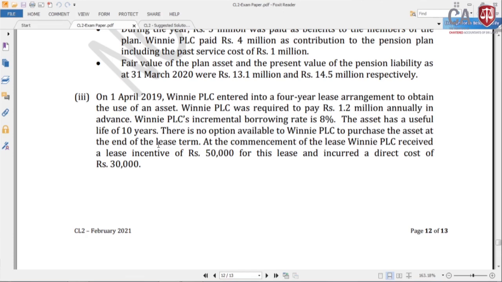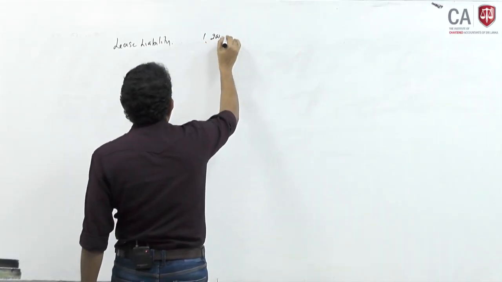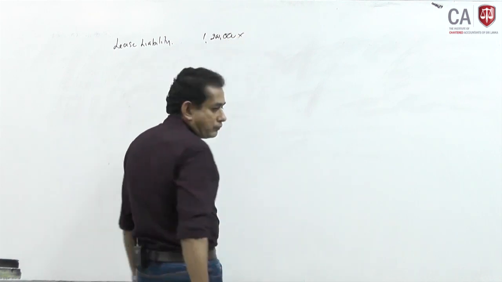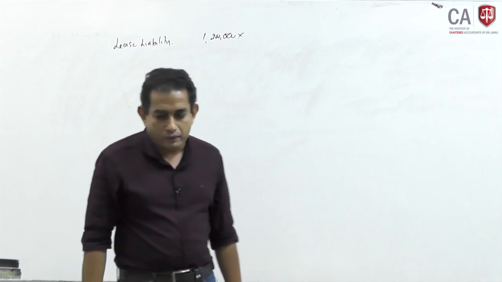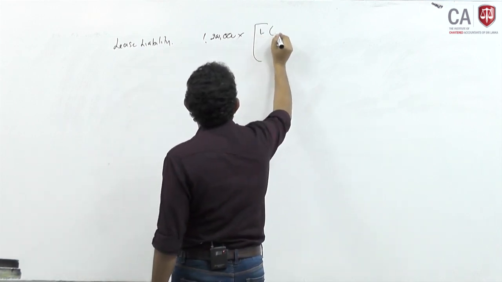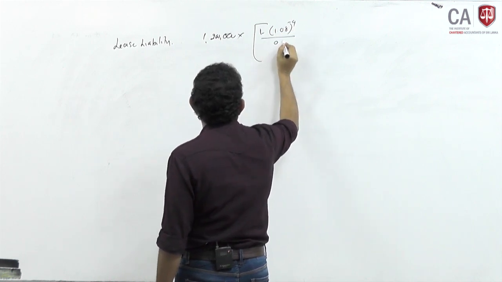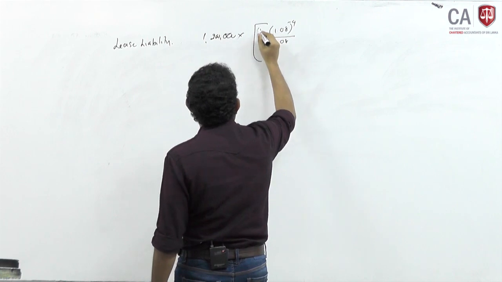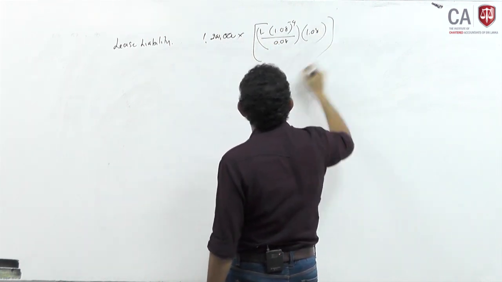You take the rent, simple question, 1.2 million, and this is to be multiplied by the annuity factor at the rate of 8%, 1 minus 1.08 to the power 4 divided by 0.08, and this has to be multiplied again by 1.08.